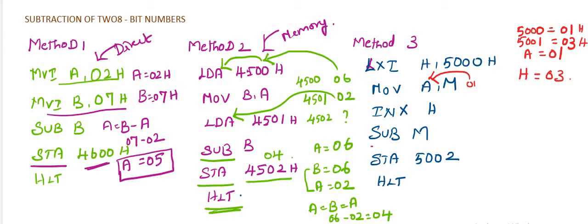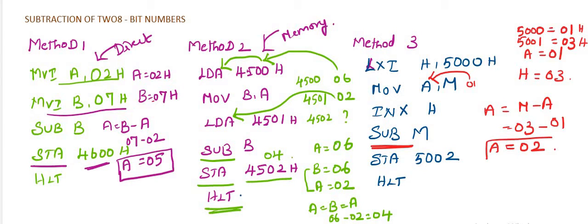Next, using the subtraction instruction, we find the difference M minus A. So A is equal to M minus A. The M value is 03 and the A value is 01, so we will get the answer as 02. So the accumulator will be 02. That value we have to store in one location, that is the 5002 location. Using the store instruction, we can move the accumulator value to 5002.